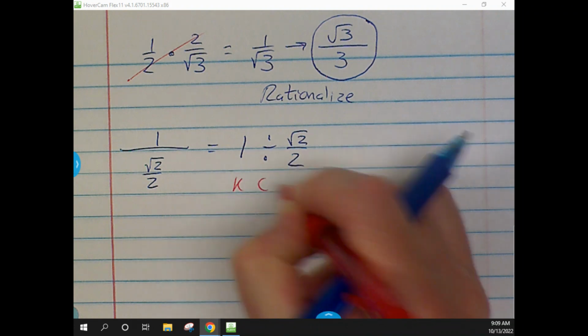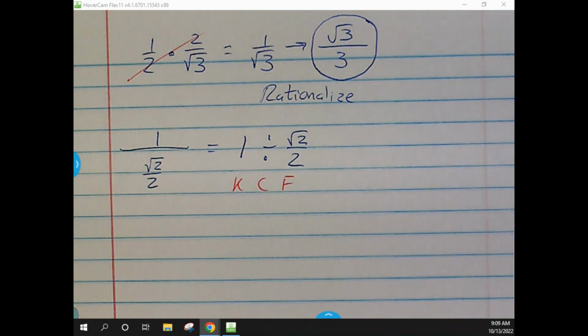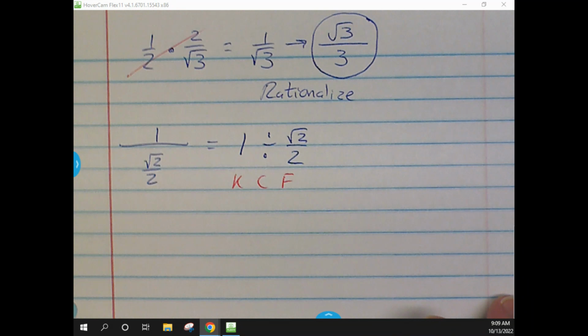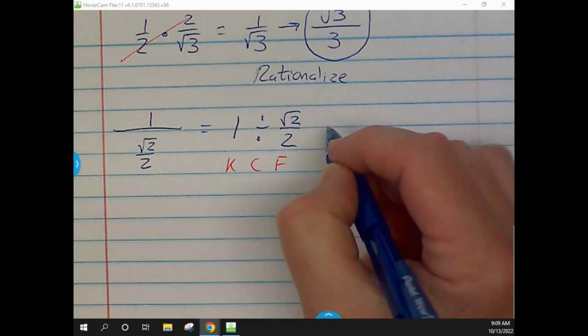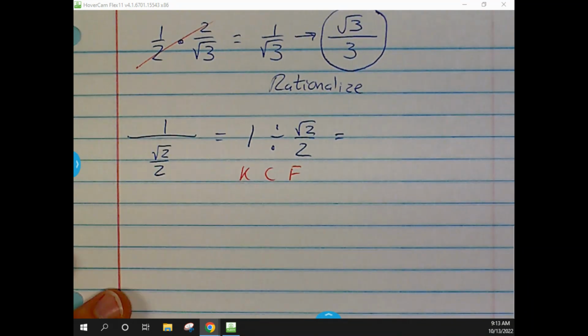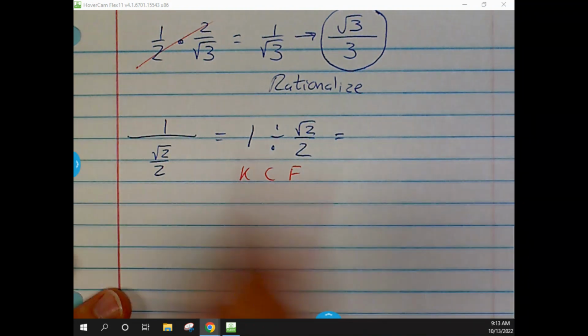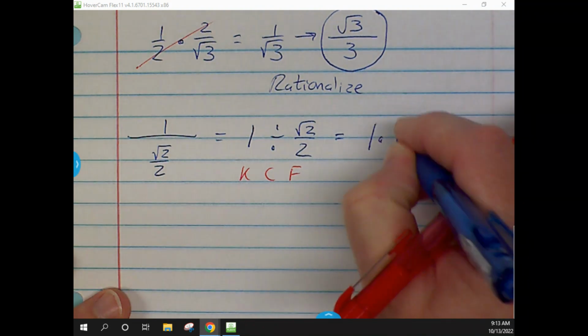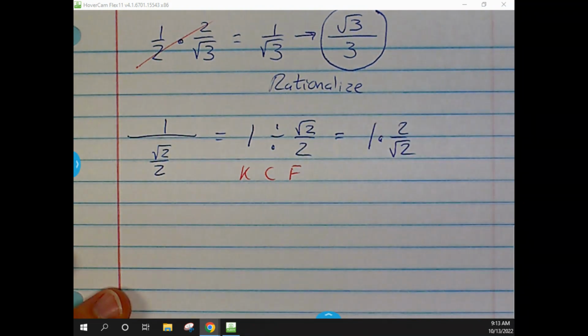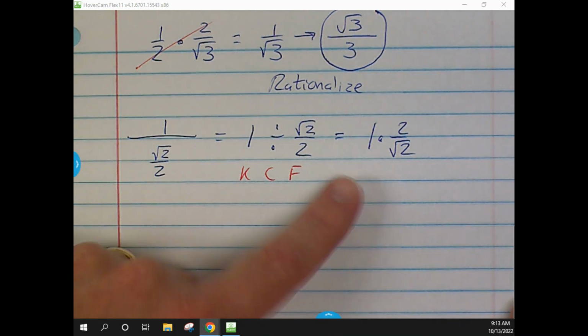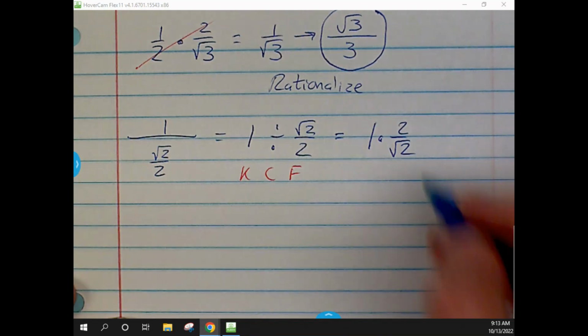So we're going to keep it, change it, and flip it. We'll get some Kentucky chicken fried. So keep, change, flip. We've got 1 times 2 over square root of 2. The good thing in this case is the 1 doesn't really do anything. It's just 1 times the number, so it's just 2 over square root of 2.